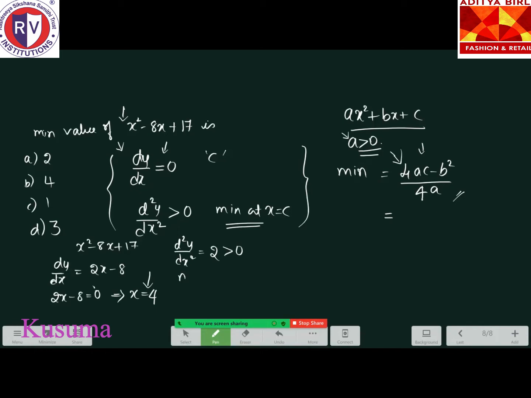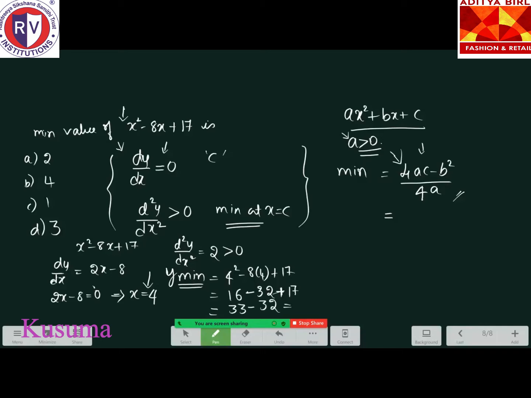So the minimum value will be, that is y minimum will be equal to 4 square minus 8 into 4 plus 17, that is 16 minus 32 plus 17, which is equal to 16 plus 17, this is 33.